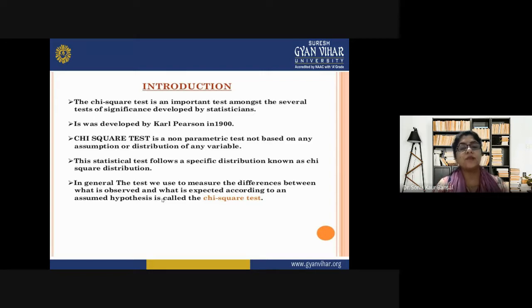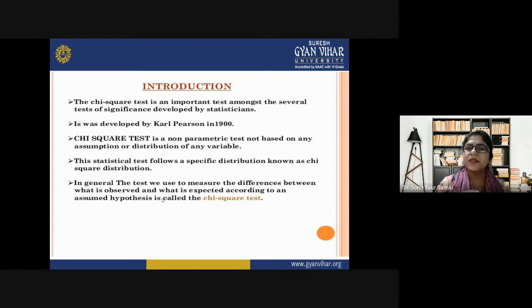It is a non-parametric test because it observes the frequency distribution. This statistical test follows a specific distribution known as the chi-square distribution. In general, the test we use to measure the differences between what is observed and what is expected according to an assumed hypothesis is called the chi-square test.